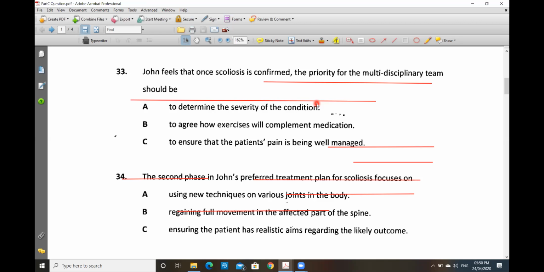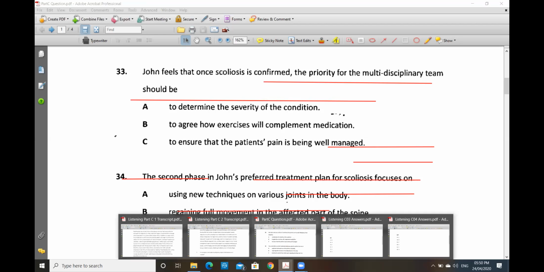Factually, it is correct. You determine the severity of the condition, but that is before the diagnosis is confirmed. The question is asking, once scoliosis is confirmed, then what is the priority, right? And there was nothing about medication as such. So B was clearly ruled out.